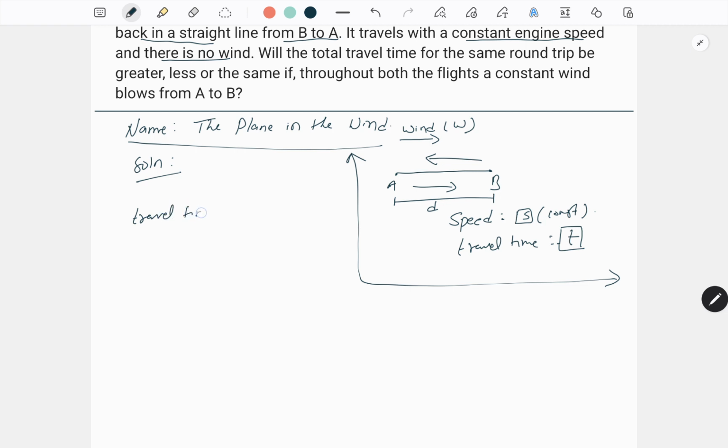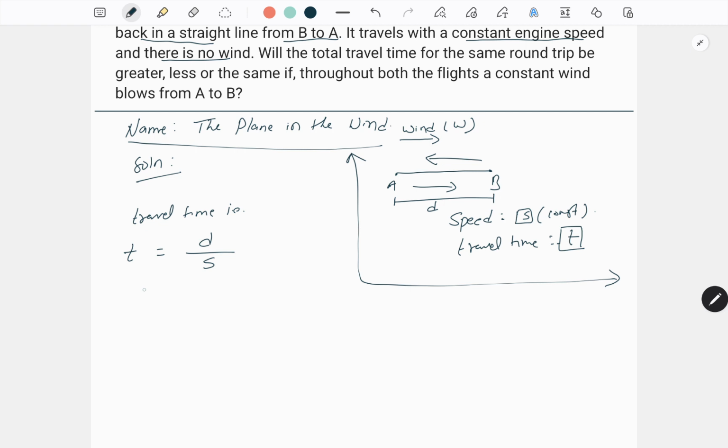Travel time, that is t, for one way, traveling from A to B, will be d by s, distance by speed. This is the basic formula we are already aware of from our high school. So the travel time from point A to B is given by d by s.